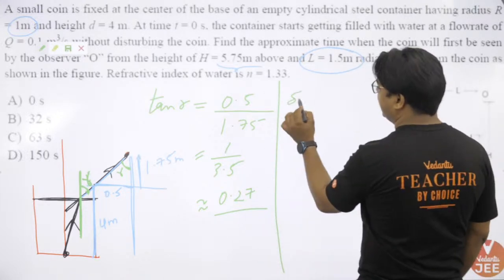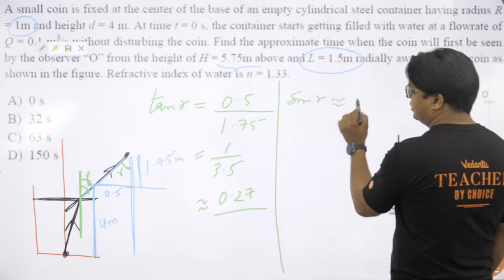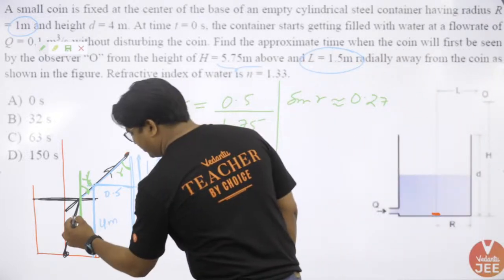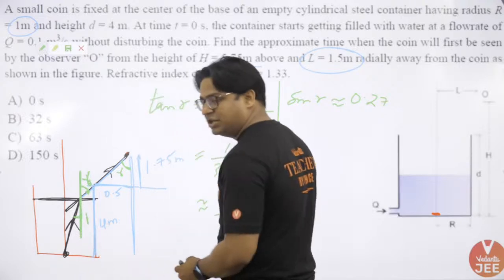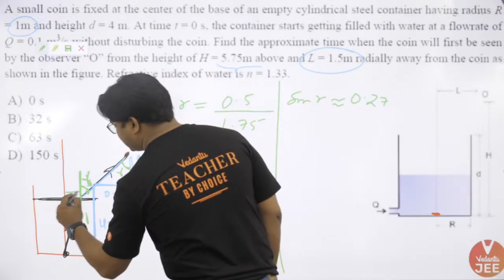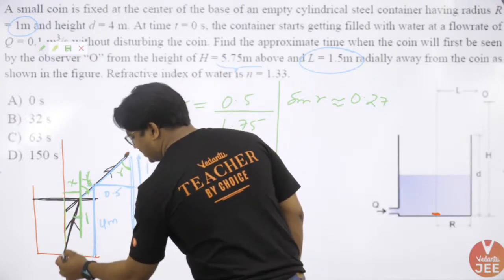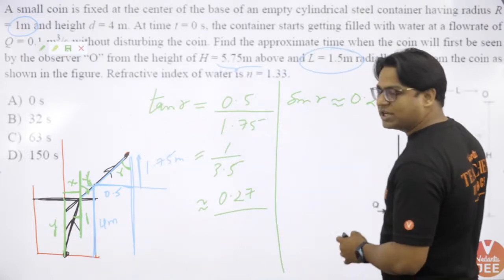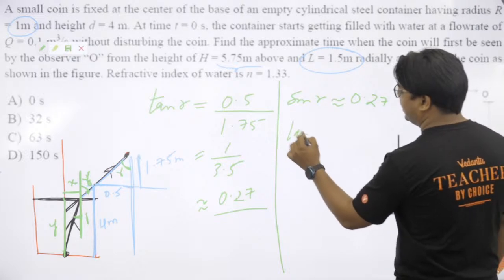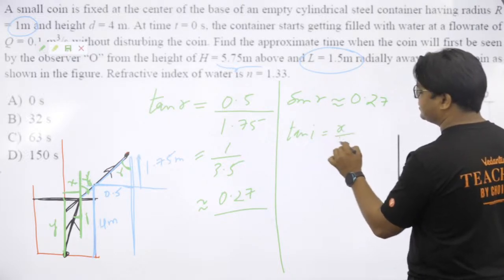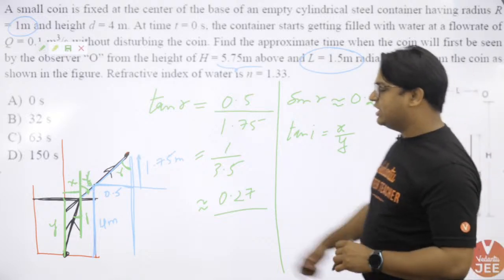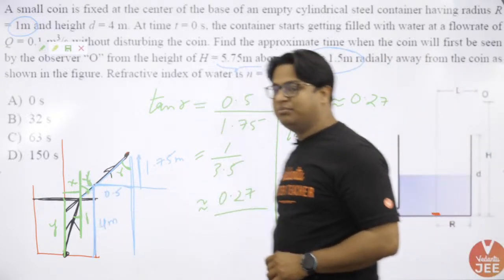We can consider this tan r as sine r also. So this is 0.27. And similarly, we have to find out the sine of the angle of incidence. So let this distance be x and let this height be y. So tan i can be written as x by y, and tan i can also be written as sine r divided by mu.